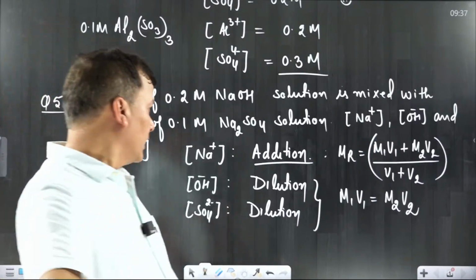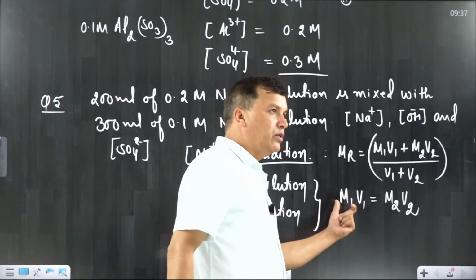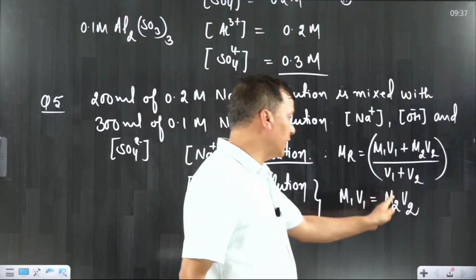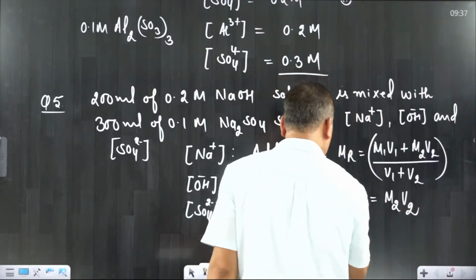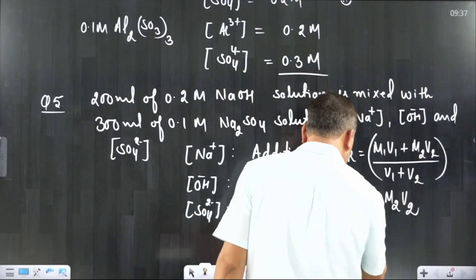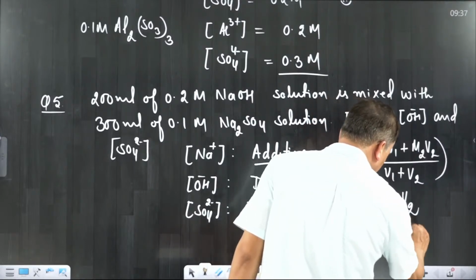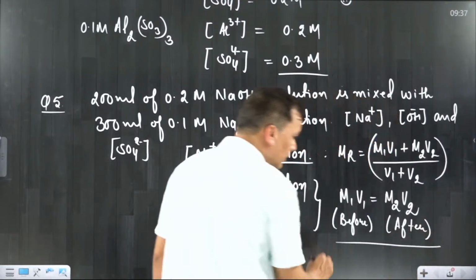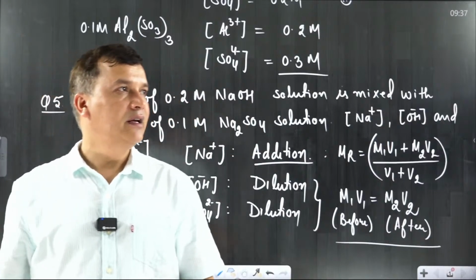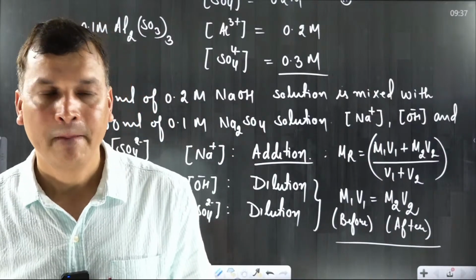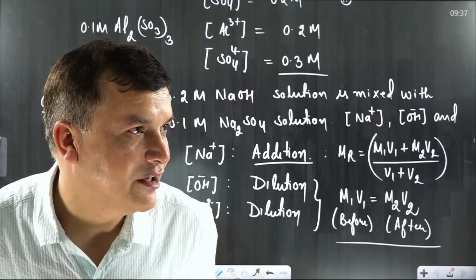These are molarity and volume before dilution, and after dilution. Is it clear or not?